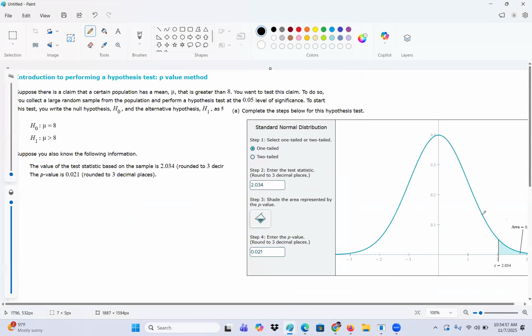Okay, no problem. So you can literally check that the alpha is right here. So we're doing a one-tail test. We're going on the right side, the right tail test. So this is what we have for the alpha.